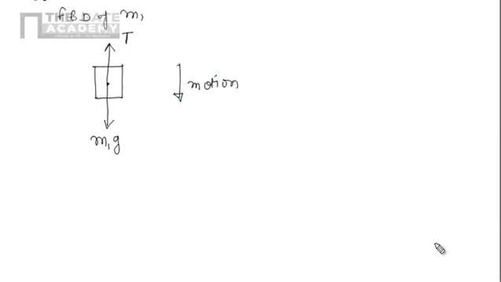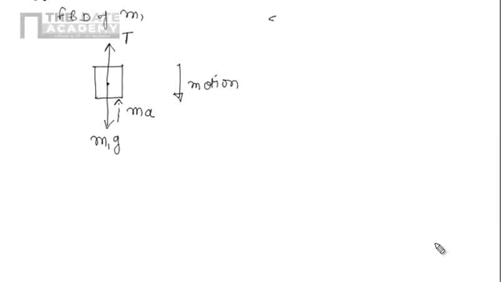Now we have to convert this problem into dynamic equilibrium, so we have to apply the inertia force in opposite to the direction of motion on the basis of D'Alembert principle. So motion is in downward direction, so inertia force will be in upward direction, and the magnitude will be M1A.